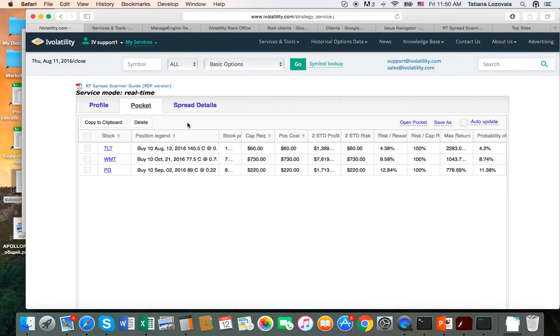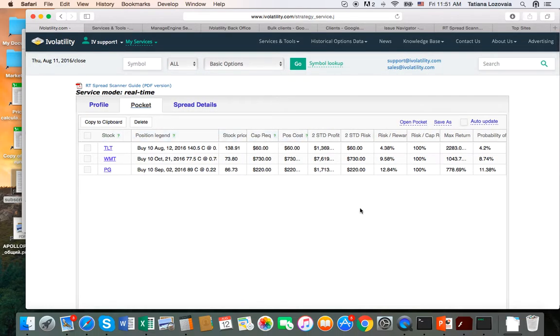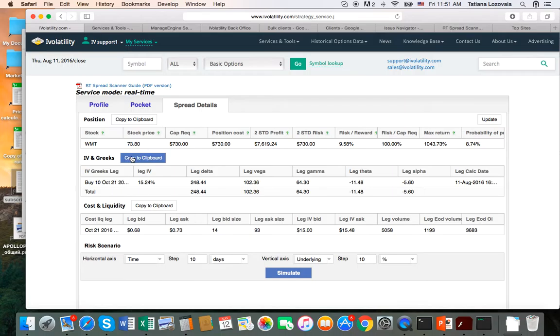So let's go to our pocket and have a look at what we have. Let's go again to Walmart and have a more detailed look. So this is the stock price for Walmart. This is our capital required. This is our standard risk, which is basically what we pay for this option.